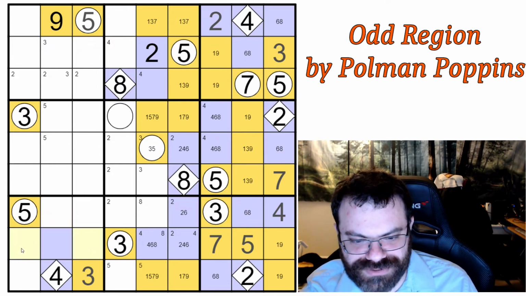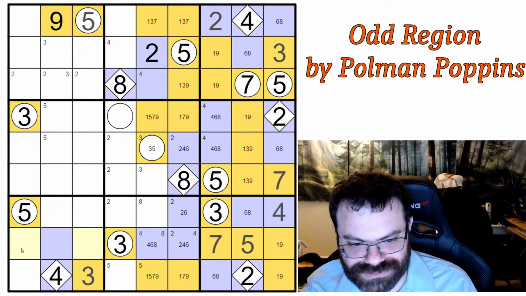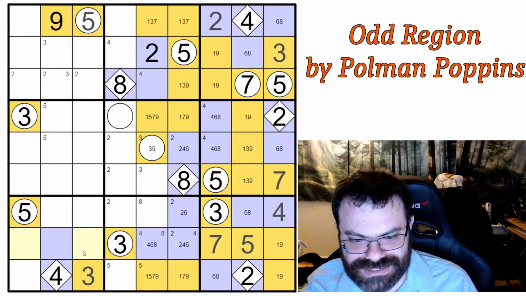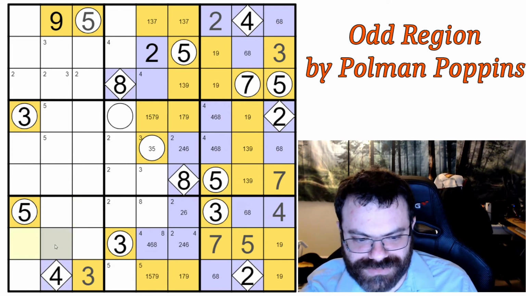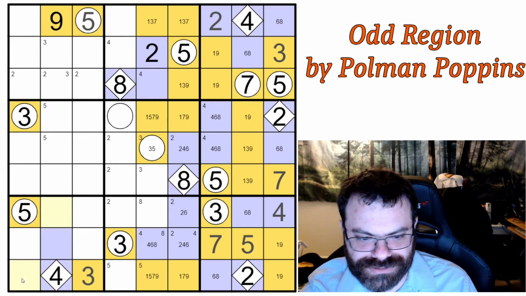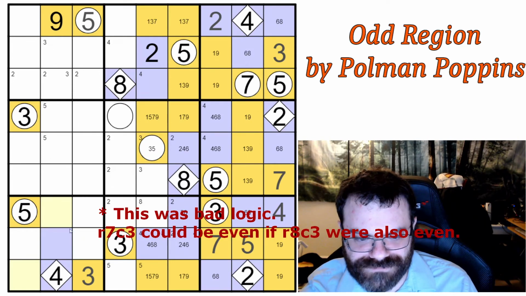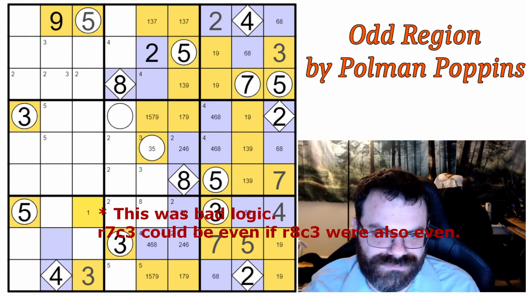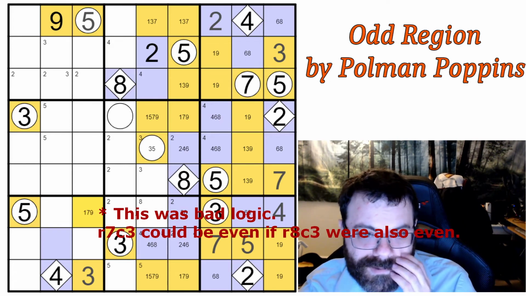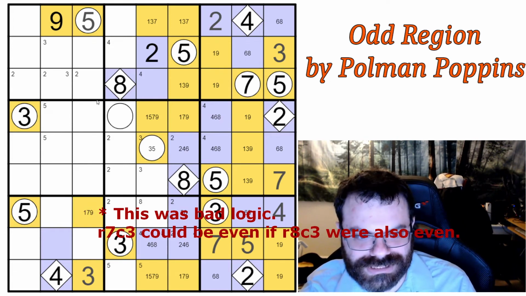I can't take both of these for even. And I can't take none of them. So we have 3 evens already. So this one's odd, because I'm going to grow 1 more, either here or here, to make 4. So this one's odd. And that's a 1, 7, or 9? Yeah, looks right.